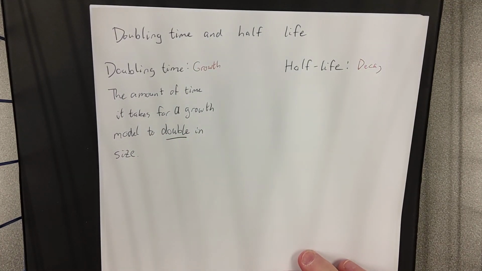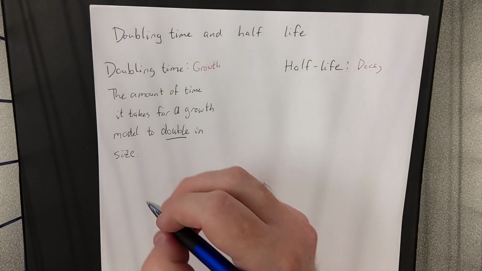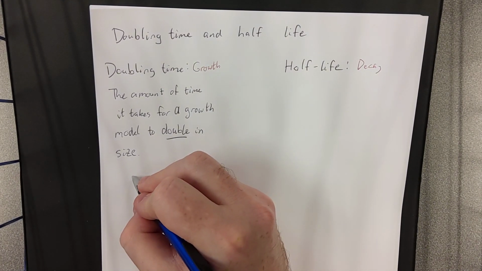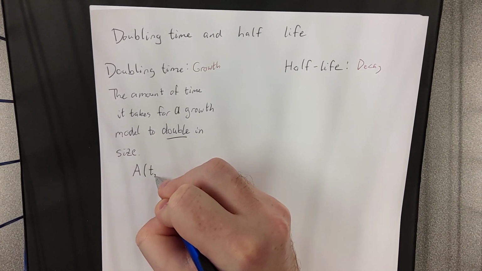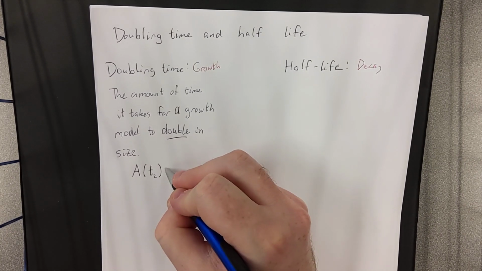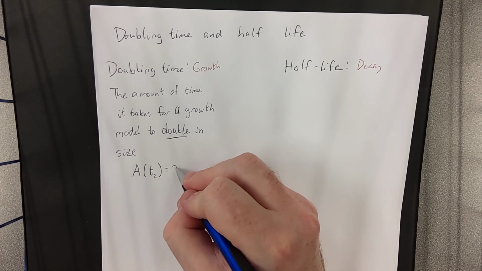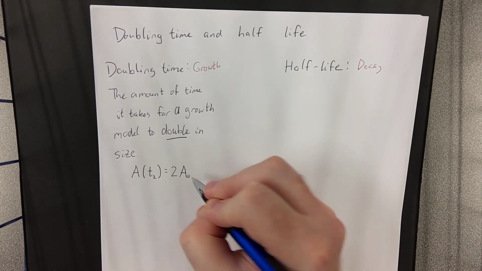This is the amount of time it takes for a growth model to double in size. And typically what we would say is that if we took the amount after one doubling time, for doubling time we typically use t with a subscript 2 attached to it, then we're going to see double whatever the initial amount was.